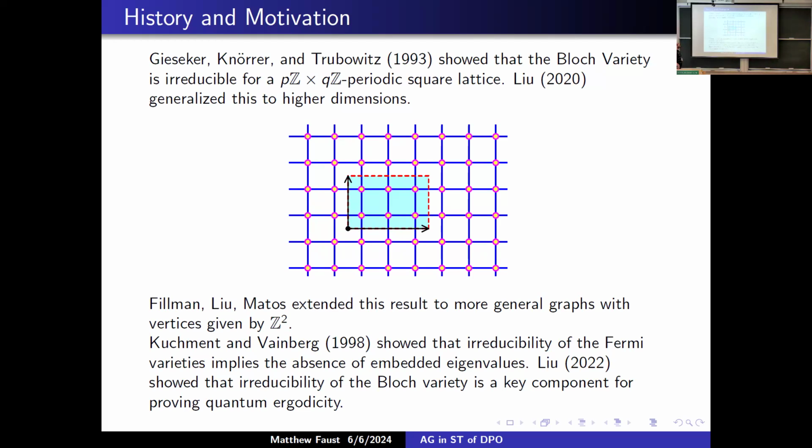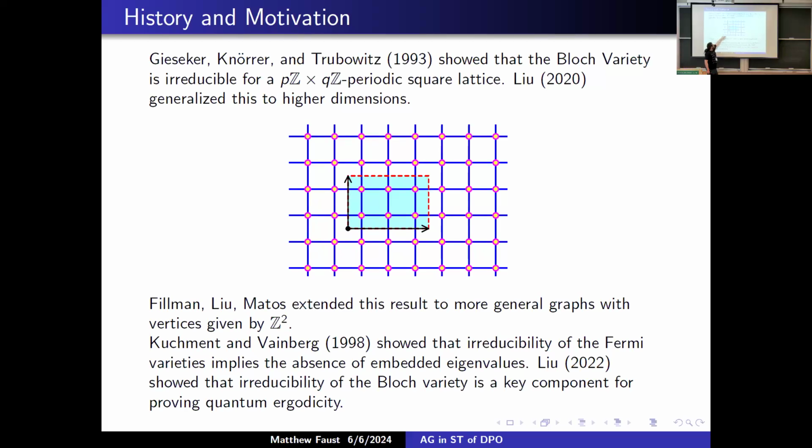And there wasn't all that much work done on this until fairly recently, where Wencai Liu generalized their results to higher dimensions. And then after this, there was some work by Fillman, Liu, and Matos studying a similar question, where they generalized this to other graphs of this form, where you have just a single vertex orbit with respect to the original action, but you're able to decorate this graph however you want.